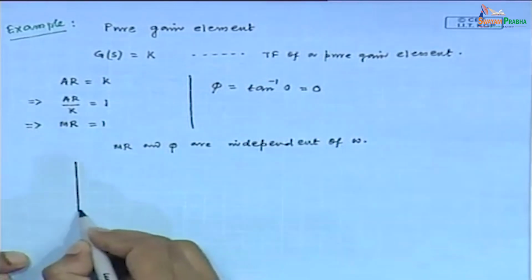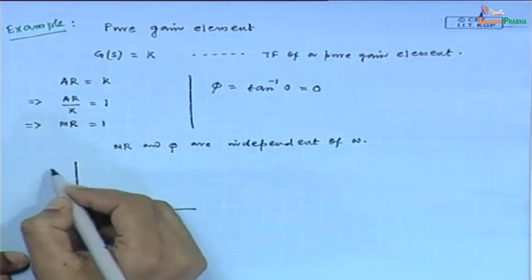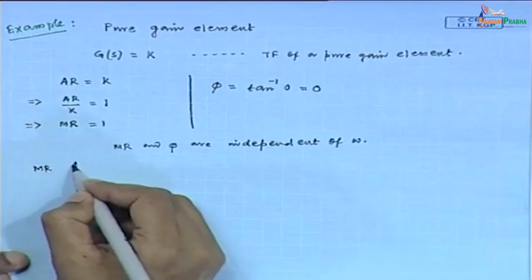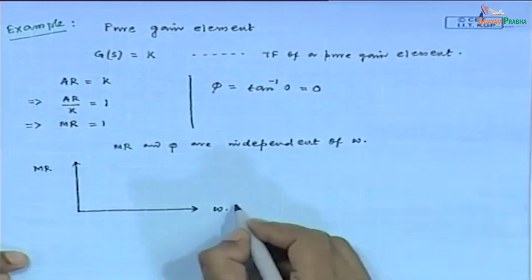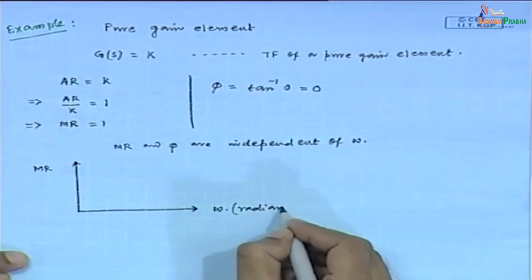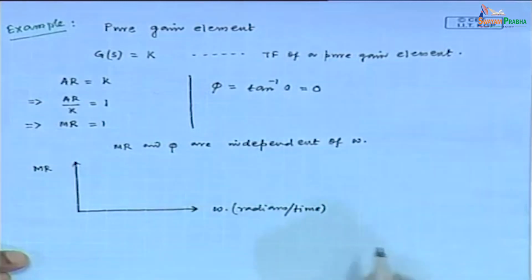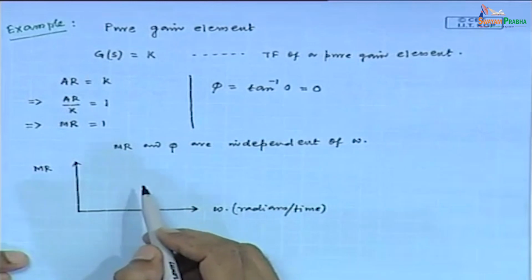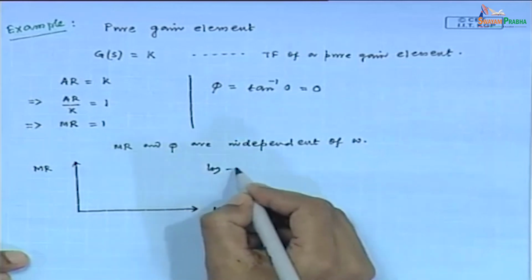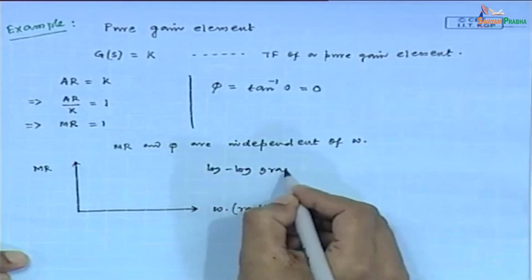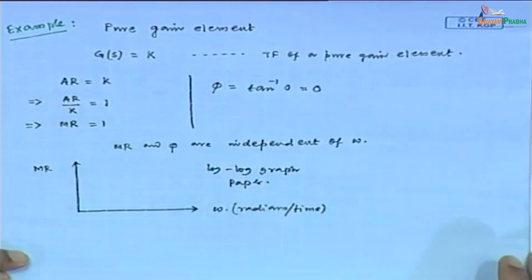Next we will produce the Bode plot. So, first plot is magnitude ratio versus omega, in radians per unit time, and this is log graph paper. Fine.